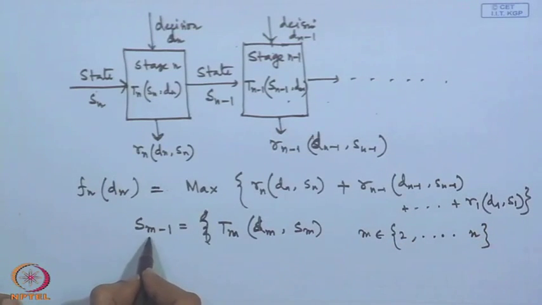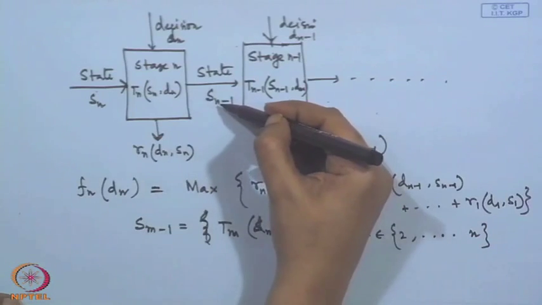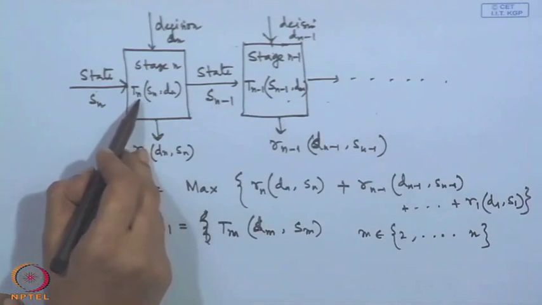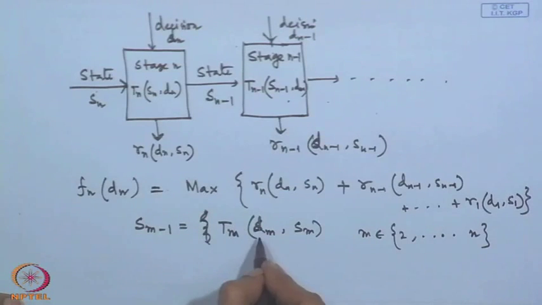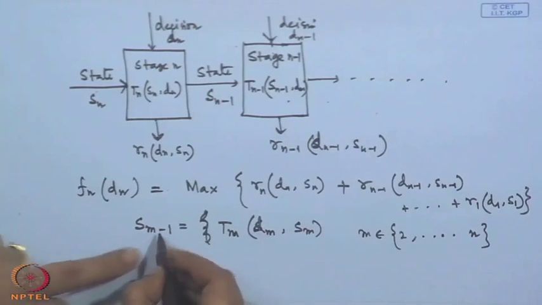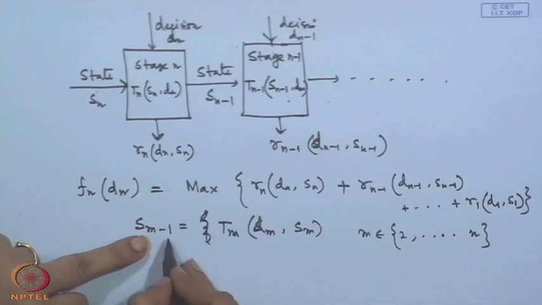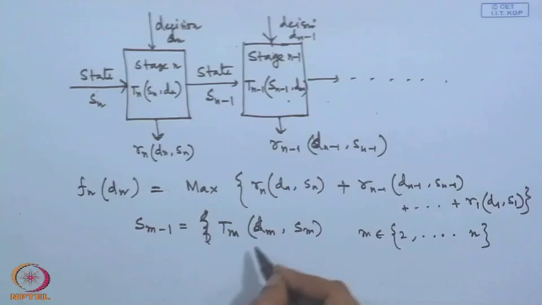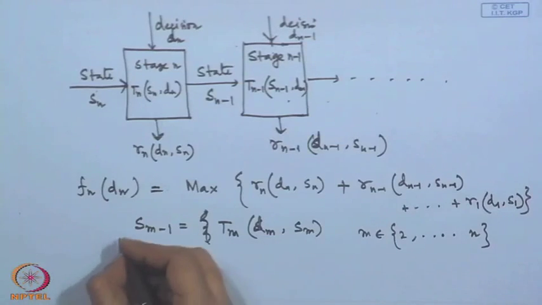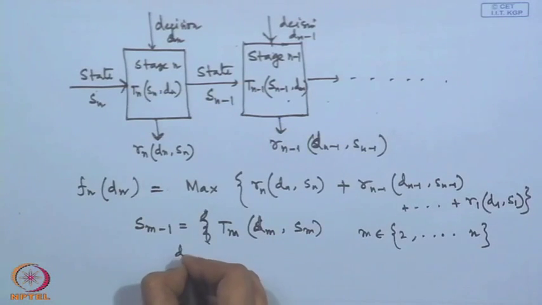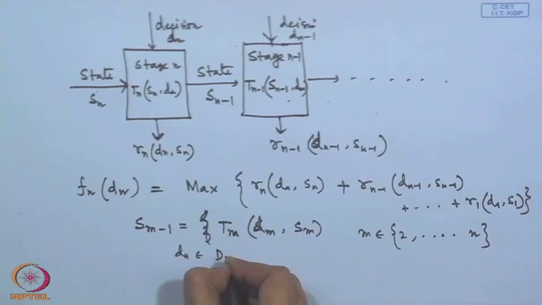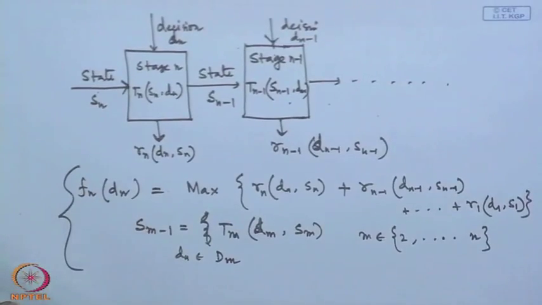If I consider Sn minus 1, the function we are getting is Tn, Dn, Sn in this way, and it will end at m equal to 2, then only we will reach the last stage S1. And here the decisions are in the decision space. I just wanted to write down this thing in a mathematical way.